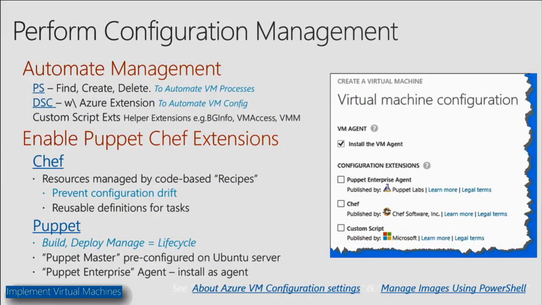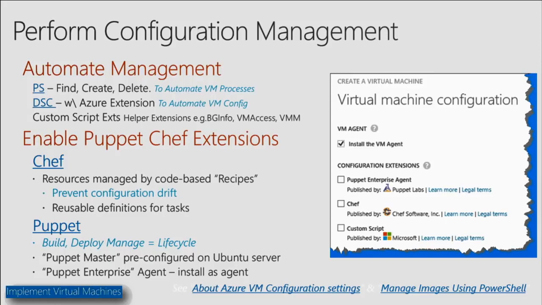Configuration management: you can use PowerShell, obviously, DSC to create your configuration, and you can add the custom scripts. The custom scripts you can add either by PowerShell or in the GUI. Never ever uninstall the VM agent. You'll have a lot of problems if you uninstall the VM agent.